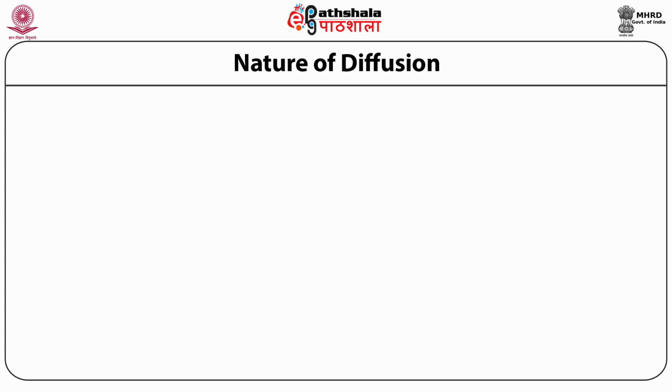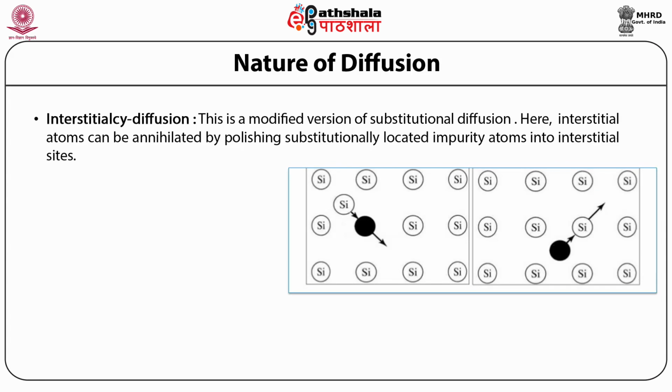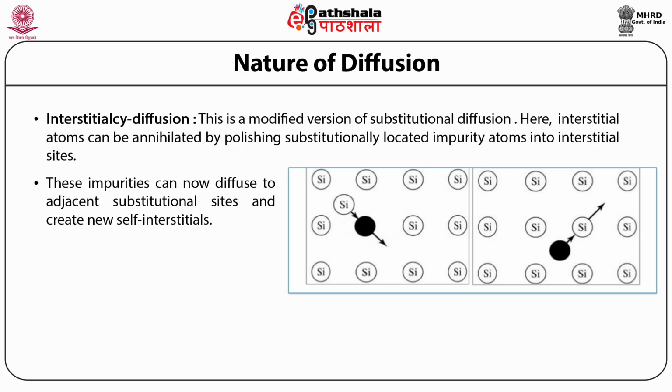Let us now discuss another type of diffusion, that is interstitialcy diffusion. This is a modified version of substitutional diffusion. Here self-interstitial atoms can be annihilated by pushing substitutionally located impurity atoms into interstitial sites. These impurities can now diffuse to adjacent substitutional sites and create new self-interstitials.